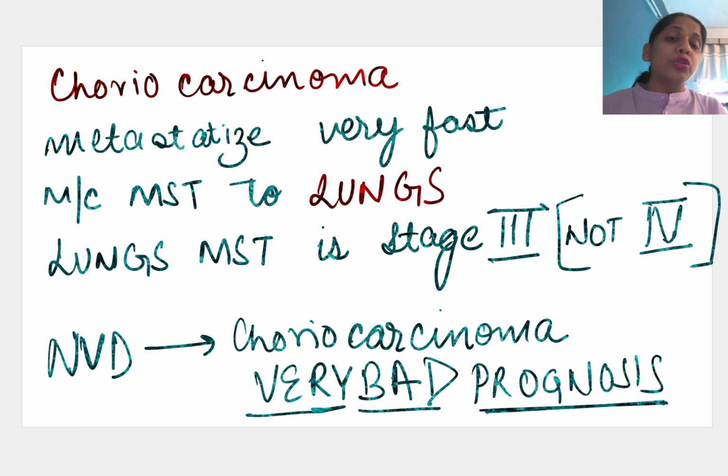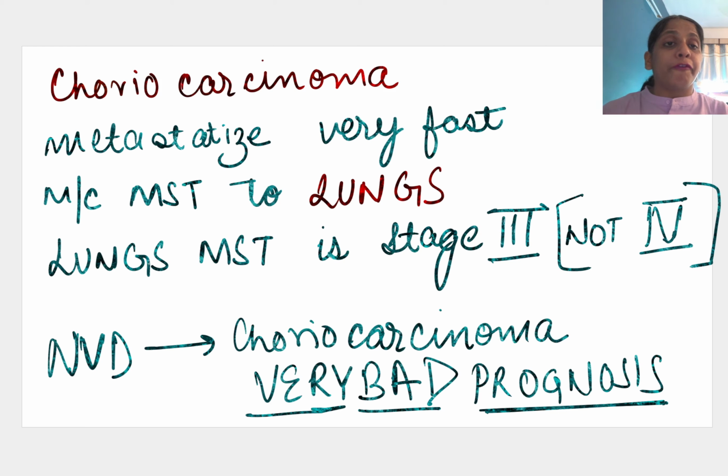When it metastasizes to lung, it is stage 3, not stage 4. Usually lung metastasis is stage 4, but as it metastasizes very soon to lungs, the staging has been kept 3, because there is good prognosis.